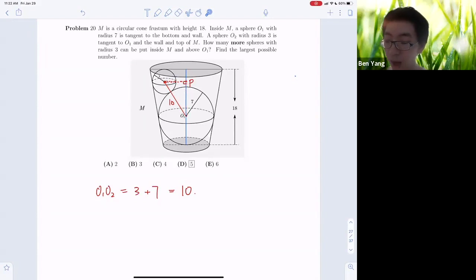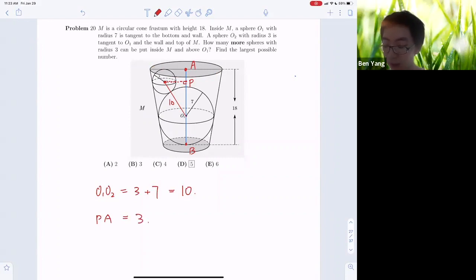So we know the height of this frustum is 18. We also know that the distance from the point P to the top face is equal to the radius of the small circle. So let's say the point here is A and the point here is B. So PA is equal to the radius of the small circle, so that's 3.